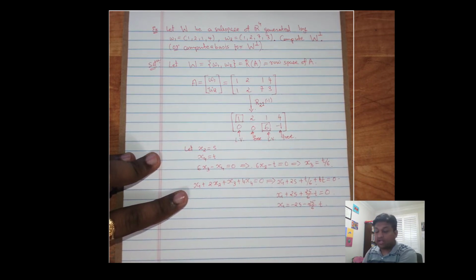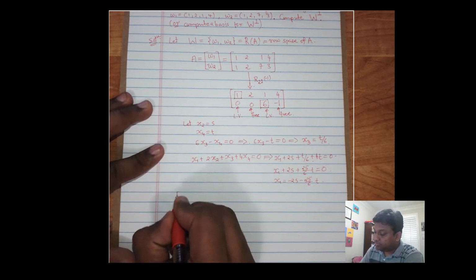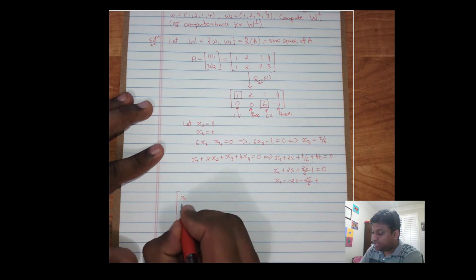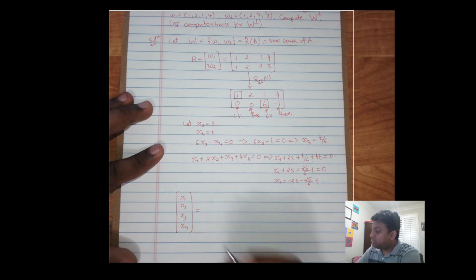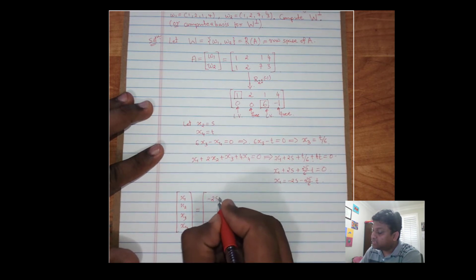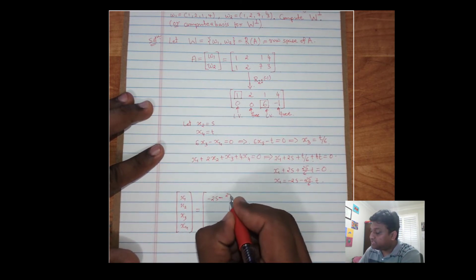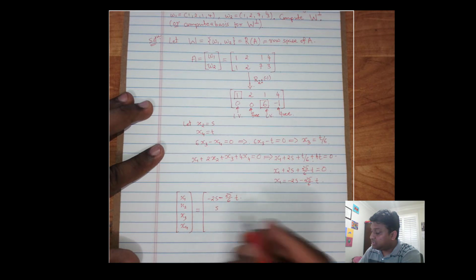Okay, we are ready to write down the basis for the null space. The basis for the null space is a solution of Ax equal to 0, right? So let's write down the solution, x1, x2, x3, x4. x1 is negative 2s minus 25 over 6 t. x2 was our free variable s, x3 is t over 6, and x4 is t.